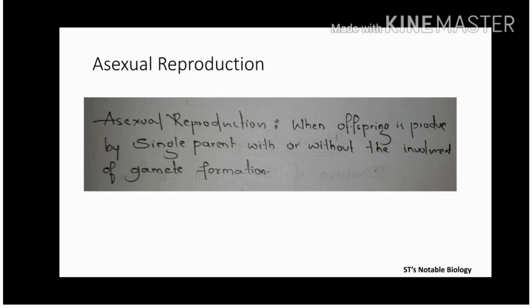Asexual reproduction: when offspring is produced by a single parent, with or without the involvement of gamete formation. See what the definition is telling, that there is only the involvement of a single parent, and there is no necessity of gamete formation.